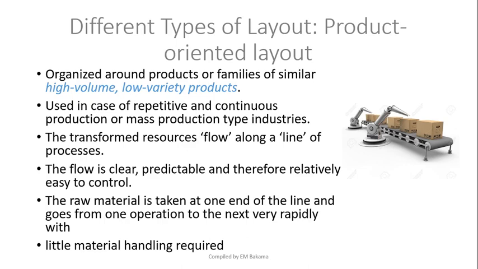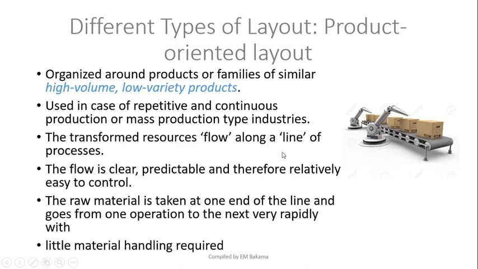Another machine will put the labels on and so on. So all the products are moving through an assembly line. That's why we say the flow is clear and predictable. We know that now that the bottles have been cleaned, the next process is to fill them with cold drink, and the next will be to put the labels on, and so on.